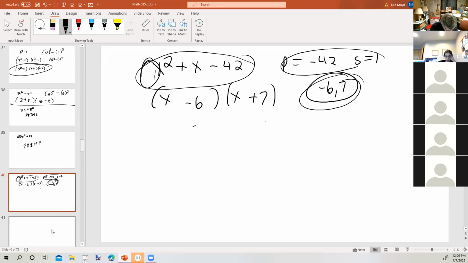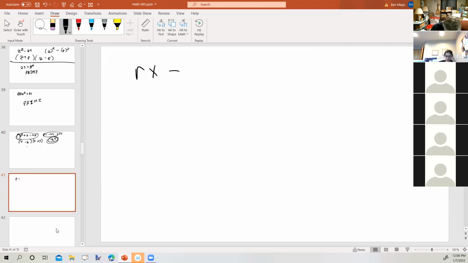All right. How about this problem? Rx minus Sx plus R minus S. How many terms are there? Four. What do you typically do when there's 4 terms? What have we been doing with 4 terms? Grouping. Exactly. Is there a greatest common factor of all 4 terms?